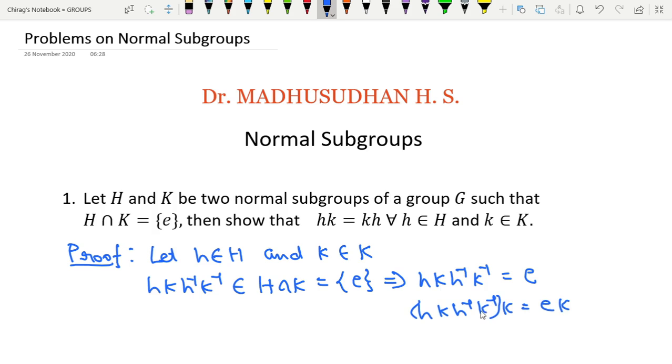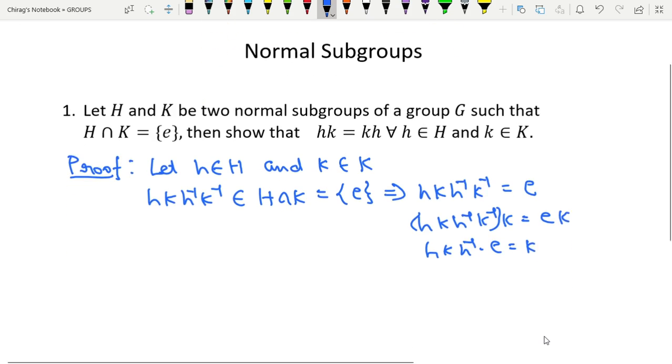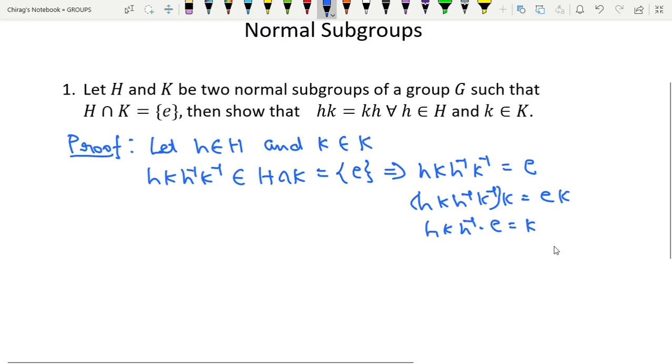Now k inverse into k gives the identity element. So therefore we have h k h inverse into e equal to k. Now hkh inverse into e is nothing but h k h inverse, which is equal to k.